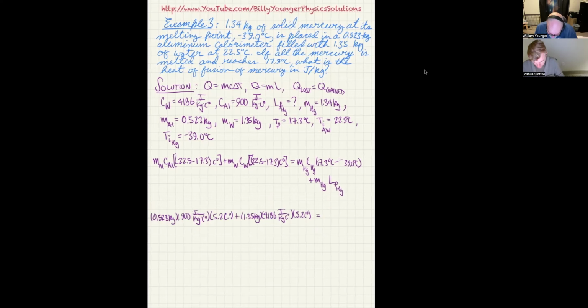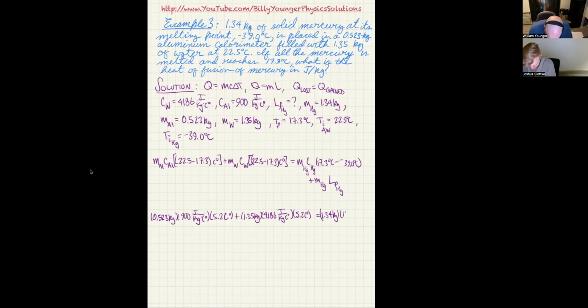So I've got that. Now I've got the mass of the mercury, which is common to both terms, so I can put that out in front, and that is 1.34 kilograms. That's going to be out in front. And then I'm going to take the specific heat of mercury, and the specific heat of mercury is 140 joules per kilogram Celsius.